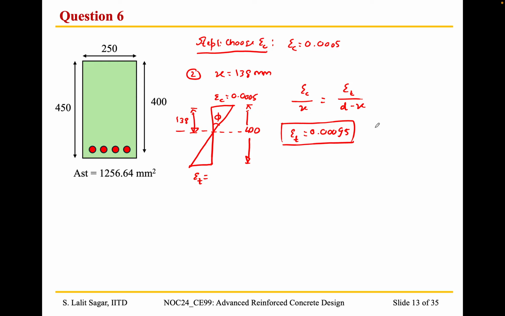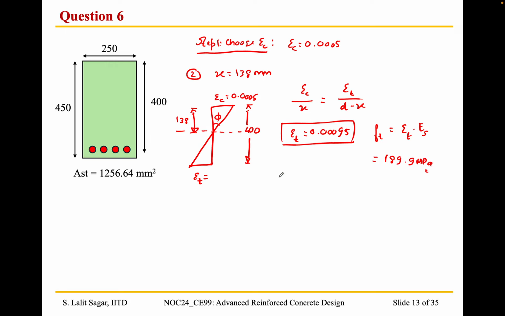So let us consider the stress as ft, that is epsilon t into E steel. Okay, so when you multiply it by 2 into 10 to the power 5, we get a value of 189.9 MPa.